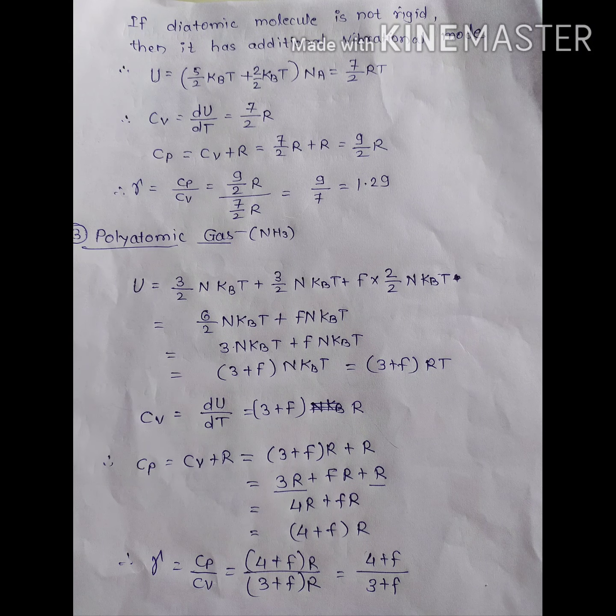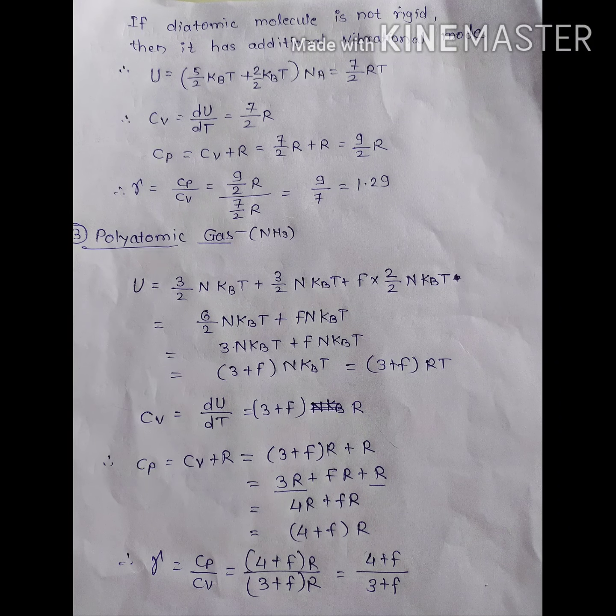Adding the numerators, 3 plus 3 is equal to 6, divided by 2 gives 3 n kBT, and 2 gets cancelled in the last term, giving f n kBT. So we have 3 n kBT + f n kBT.